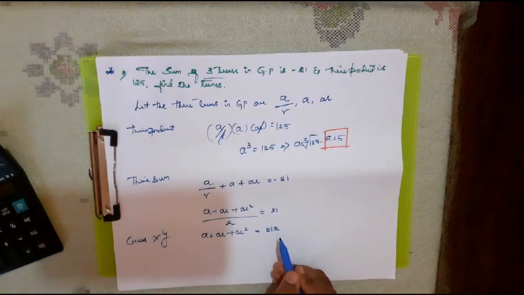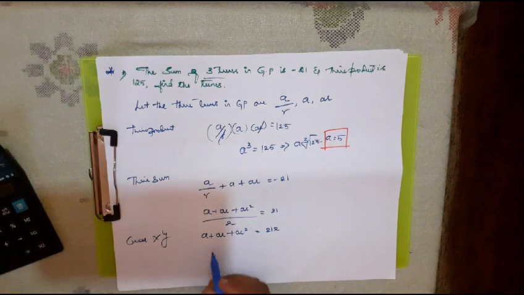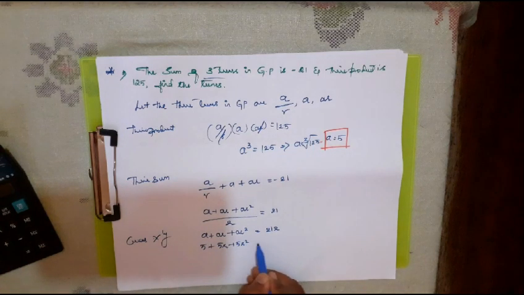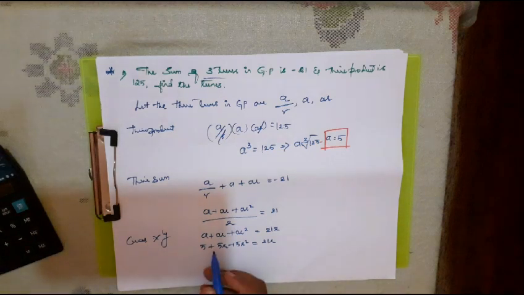Okay, so now we know the value of A, right? 5 plus 5R plus 5R square is equal to 21R. Okay, so I am rewriting this according to the standard form of equation.